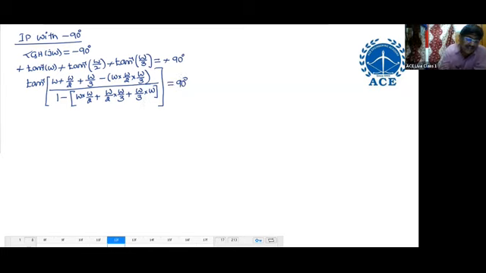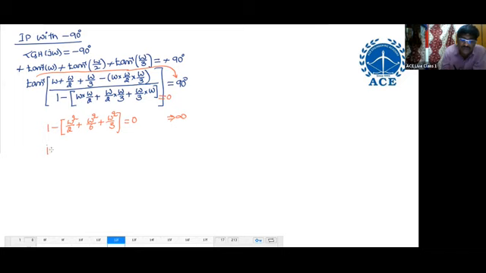Take tan on the other side. Tan 90 becomes infinity, and infinity means the denominator becomes 0. That means 1 minus omega square by 2 plus omega square by 6 plus omega square by 3 equals 0.